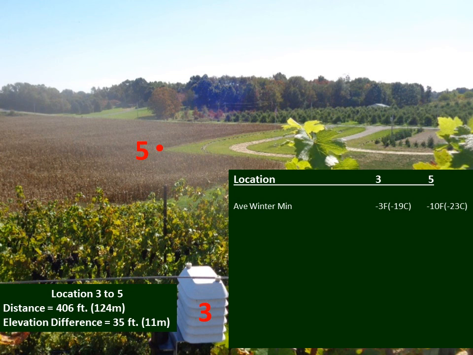The average winter minimum temperature was -3 for location 3, where we are standing taking this picture, and -10 down in the valley bottom. The 11-year winter minimum, all-time winter minimum, -12 where we're standing, -21 down in the valley bottom.